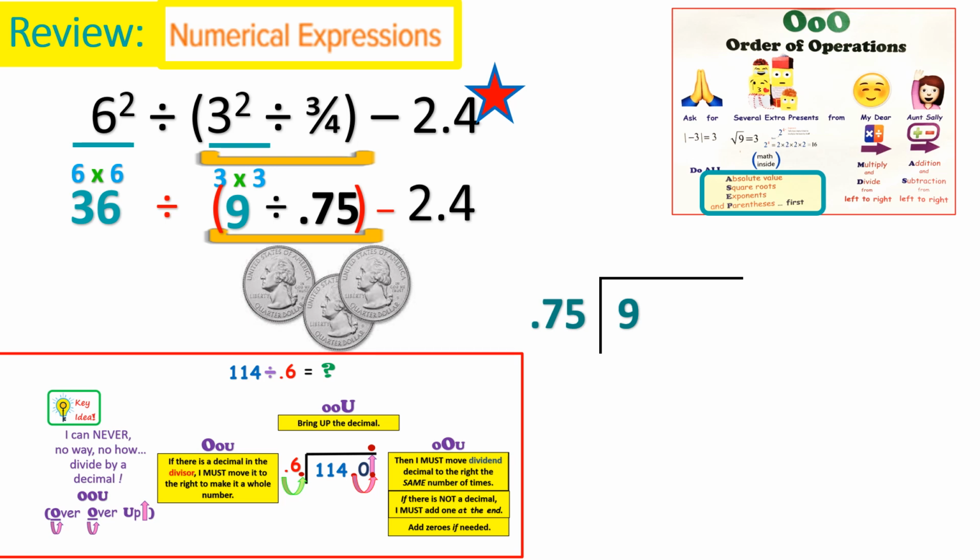We're now in Unit 5. And these are important to understand and not have to go back and review every single time from this point forward. But I cannot divide by a decimal. You have this picture that I just brought up. Should be in your math folder because I printed it out in color for you so you would have a good copy and you could look at it at any time.